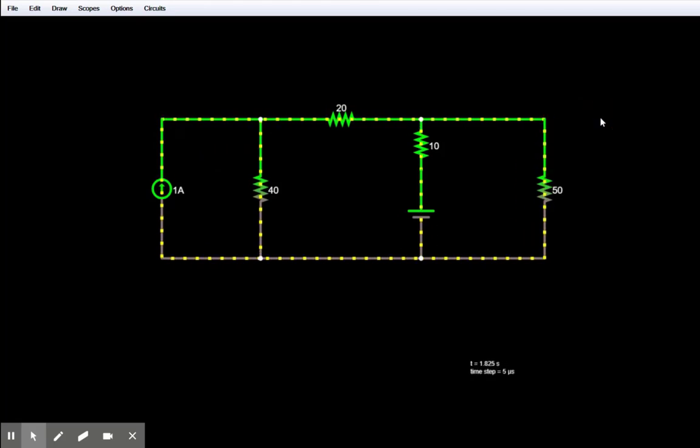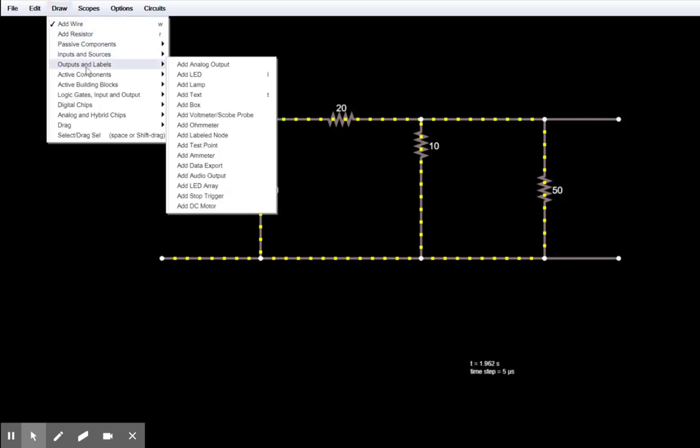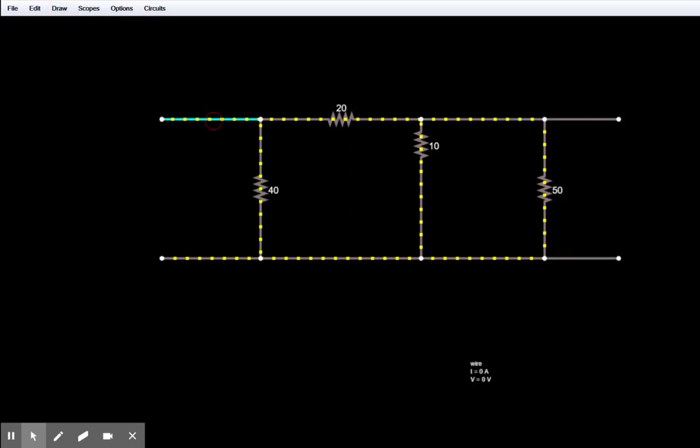How will you find RTH? You don't have any dependent sources, so the easiest thing to do here will be to short these things out. So I'll just remove this, replace it with the wire, and this I need to open it. Okay, and now that means 20 and 40 are in series. 20 plus 40 parallel 10 parallel 50.